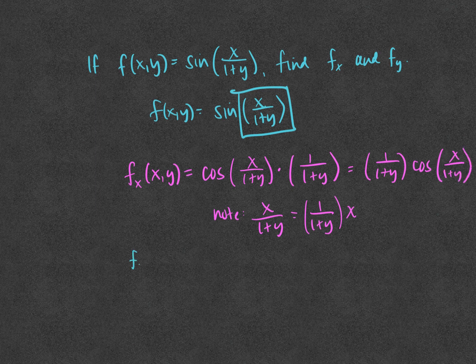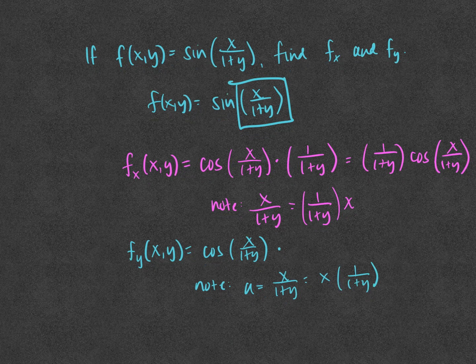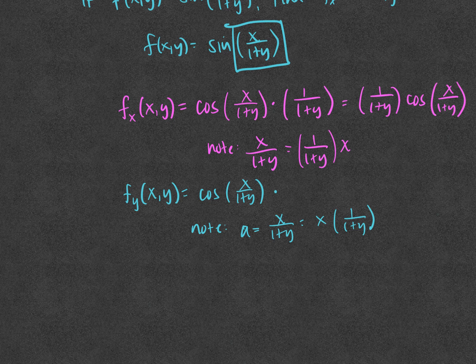So now let's look at the derivative with respect to y of f of x, y. The derivative of sine of something is, again, cosine of the same thing times the derivative of the inside. Now let's pull that inside out again, and I'm going to let a equal x over 1 plus y. And I'm going to rewrite it to be x times 1 over 1 plus y. I wrote the x out front because it's a constant. So when I take the derivative of this, I made it a so that I would be able to use pretty derivative notation.